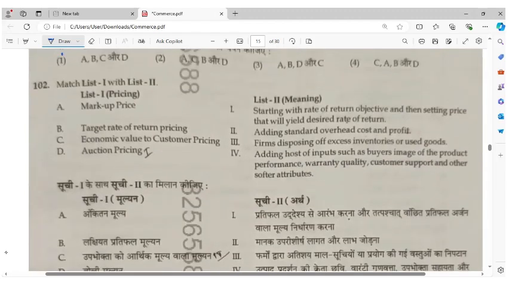Now the next question, 102, a pricing list is given and the meanings are given. So here the markup pricing is given.